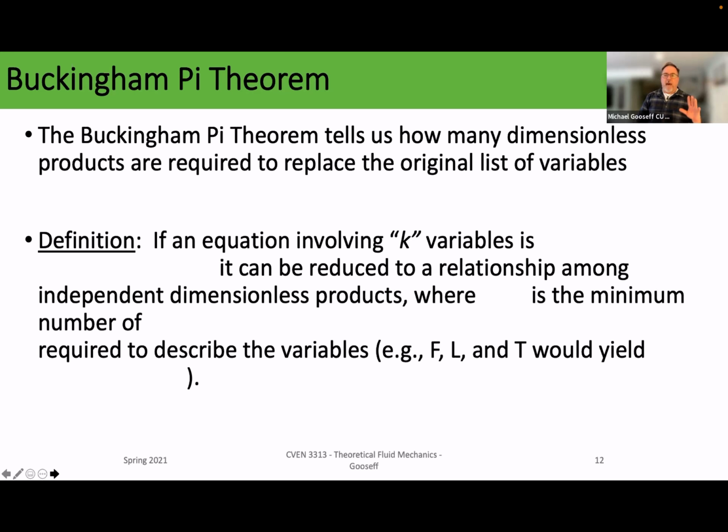So what do we do with those variables? How do we somehow distill them into ratios or dimensionless numbers that matter? The definition of the Buckingham Pi theorem: if an equation involving k variables, so in our case, k was 5 a moment ago, the thing we cared about and then 4 other variables that should be related to it, is dimensionally homogeneous, remember that term?